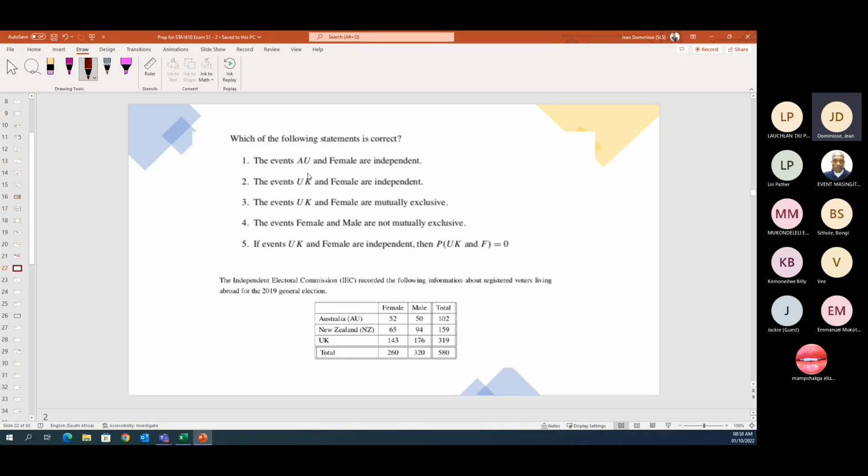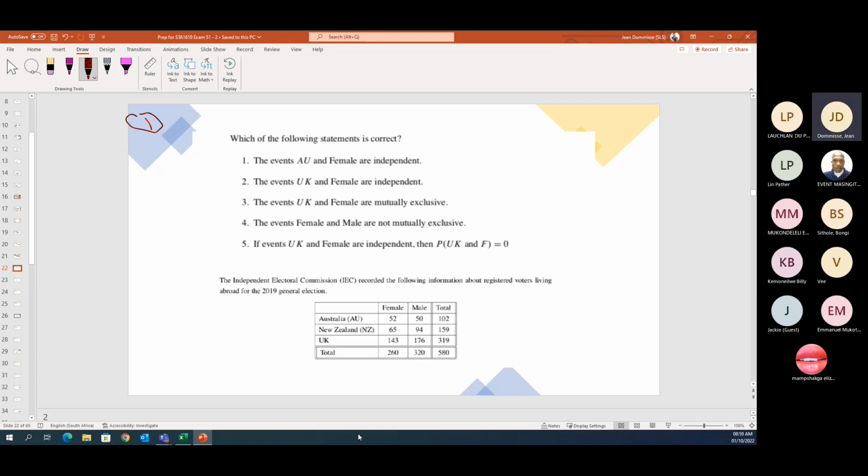It could be a question only on mutual exclusivity, only on independence, or combined into one, like we have here. So please make certain that you understand this. Let's run through some of these.